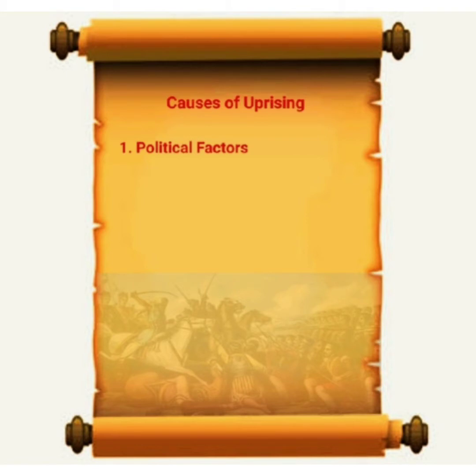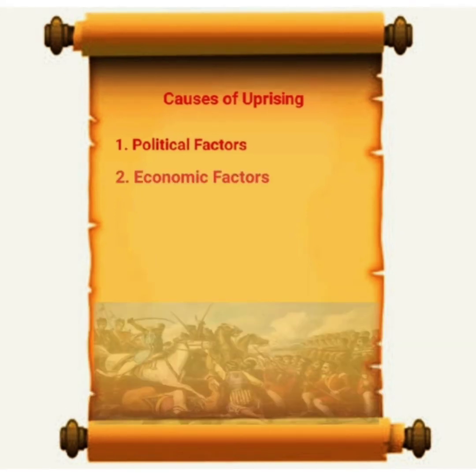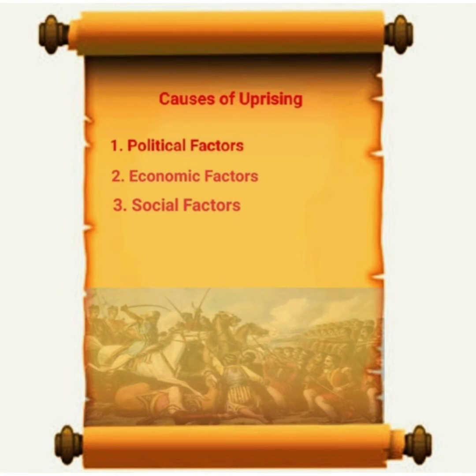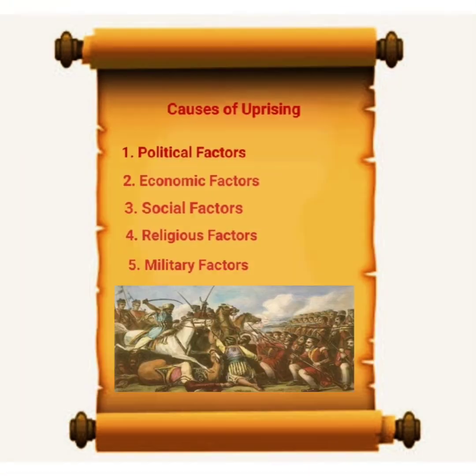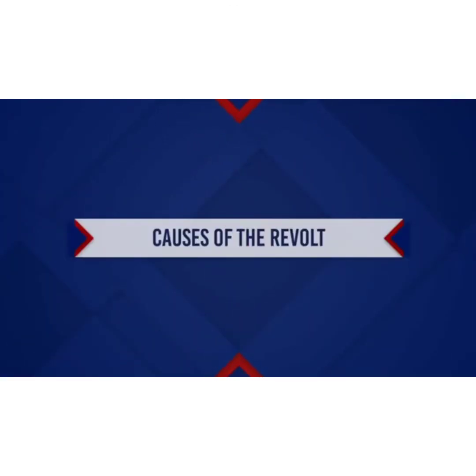Now again coming to the causes of the uprising. What were the causes of the revolt of 1857? Political factors, economic factors, social factors, religious factors, military factors, and many more. So coming to the political factors.